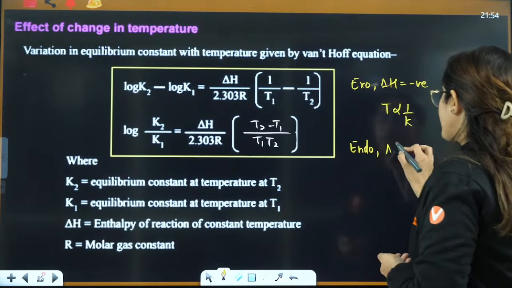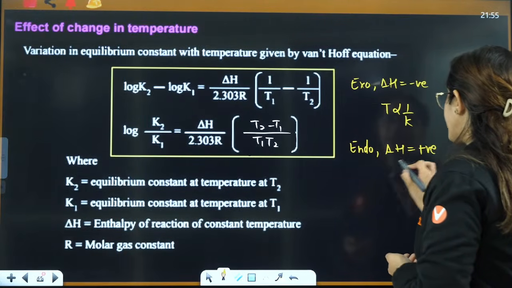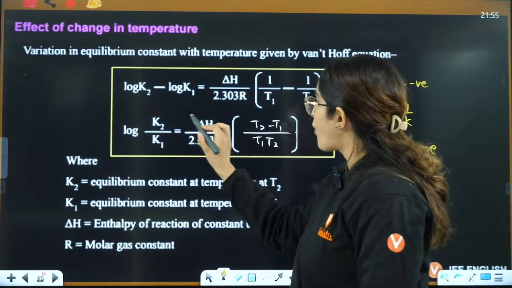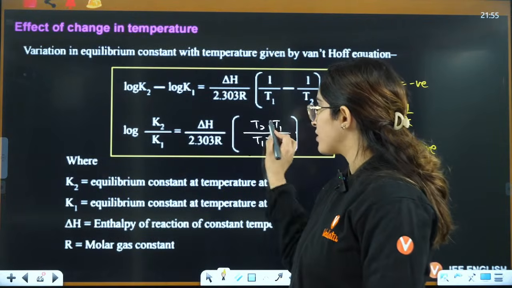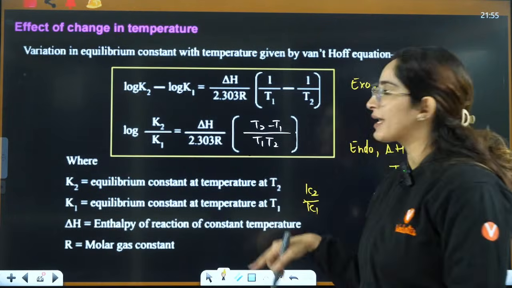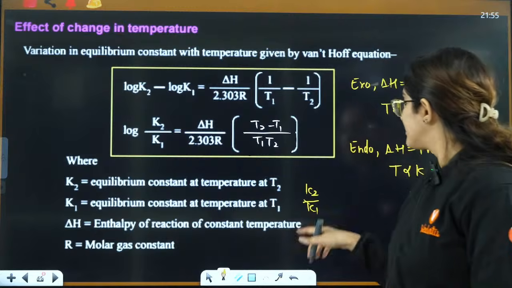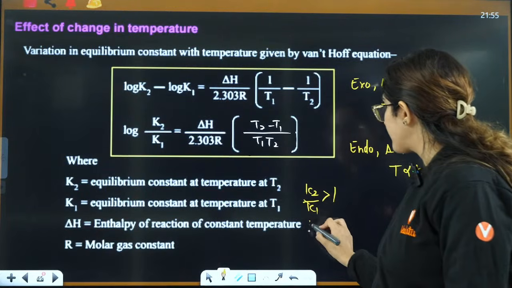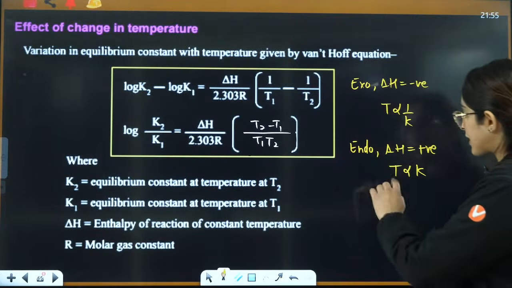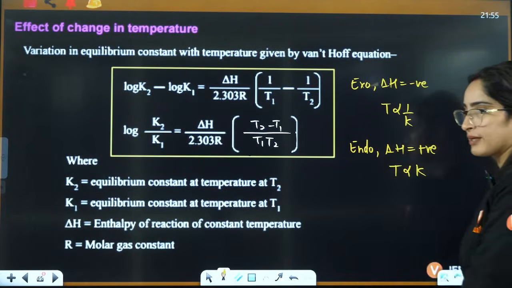For endothermic, delta H is positive, where temperature and K were directly proportional. How? When this is positive, log of K2 by K1 is also positive, that means K2 by K1 is greater than 1, so K2 will be greater than K1. So the answer is that if temperature is increasing, K is also increasing.